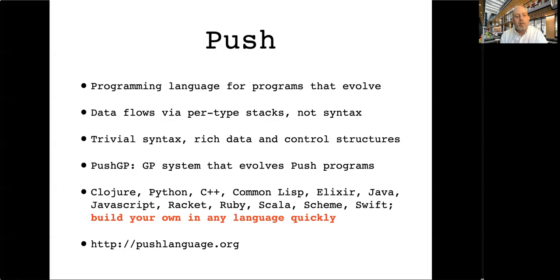Notably, Python and Clojure, those are two languages in which there is a fair bit of active development of Push and PushGP work. My research group does most of our research in Clojure, which is a Lisp for the Java virtual machine. But we also have a system, actually several systems in Python. And people have developed Push and PushGP systems in all of these other languages listed here, and maybe more.